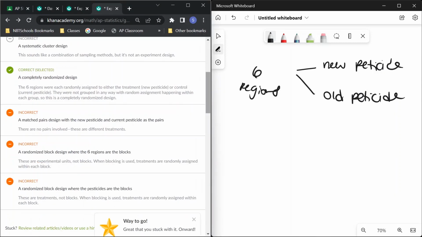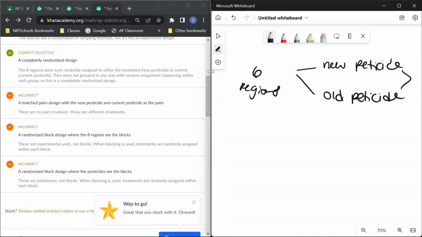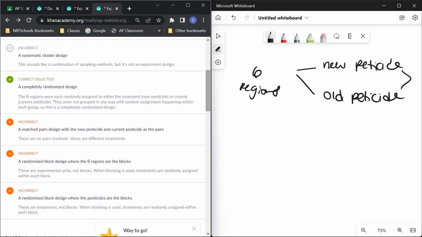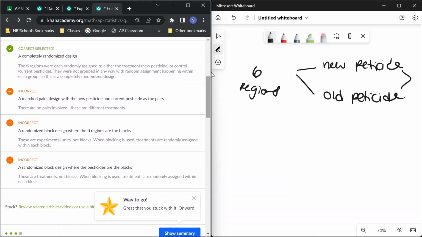Hopefully we spelled that right. And then you would compare results. Okay, that makes sense. See, why couldn't I just think of that? Like, what's wrong with me?